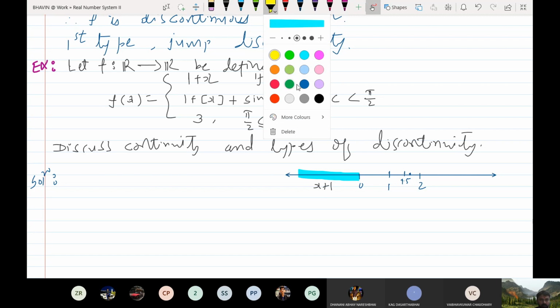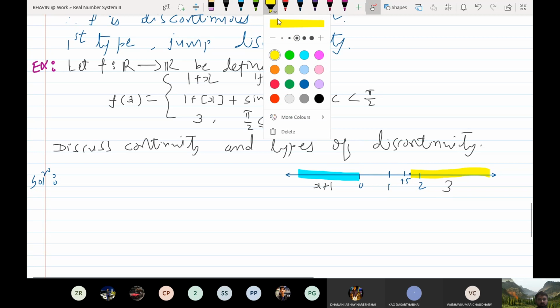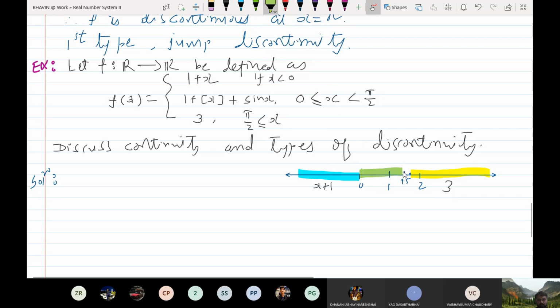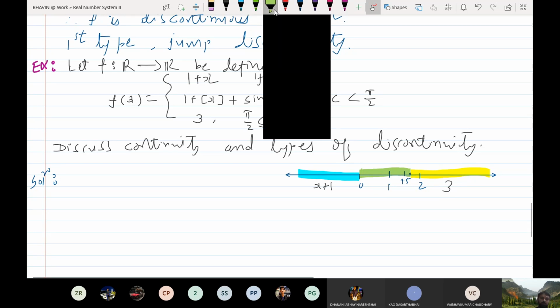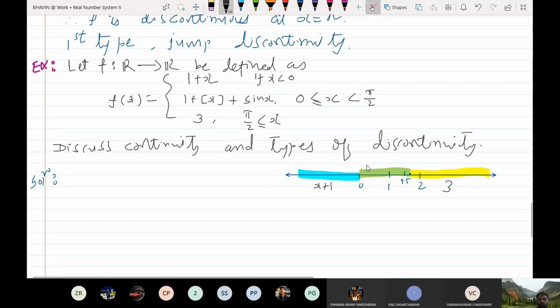And suppose your x is from this side, and f has value 3, and 0 to pi by 2. That is, in this interval, the function has value 1 plus box x plus sin x.